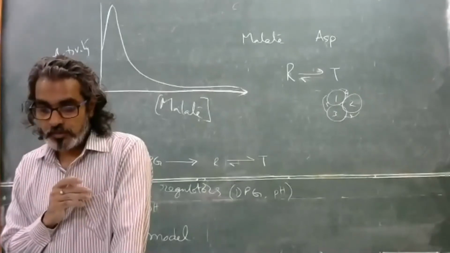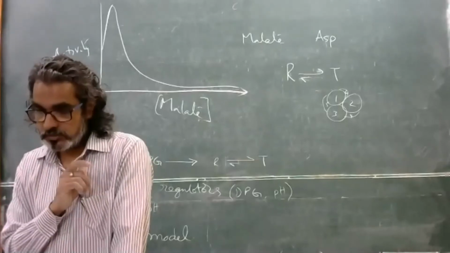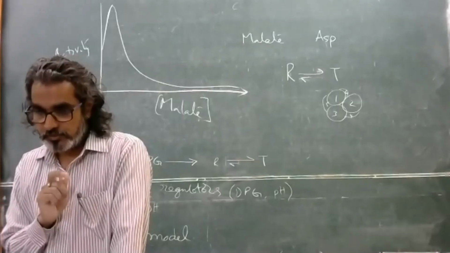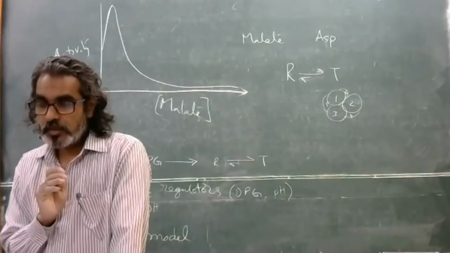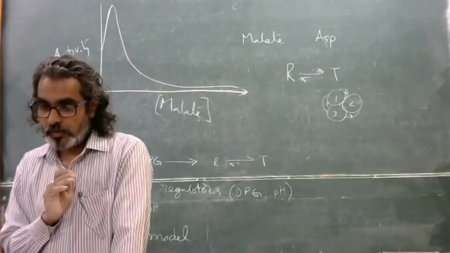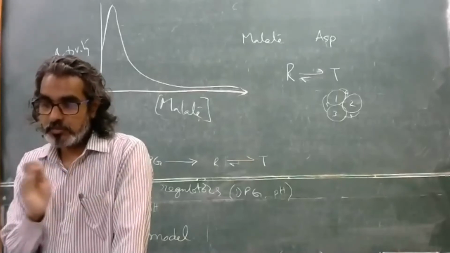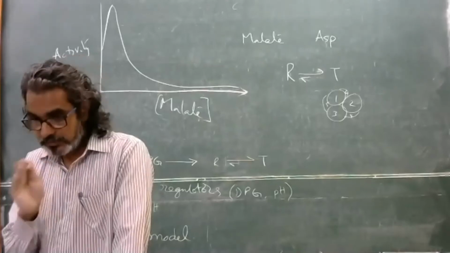That's one of the areas people have looked at in hemoglobin: how the salt bridges between alpha and beta subunits, as well as within alpha and beta subunits, the intramolecular salt bridges, get affected when hemoglobin changes the equilibrium between relaxed and tense states. People have really looked at it.